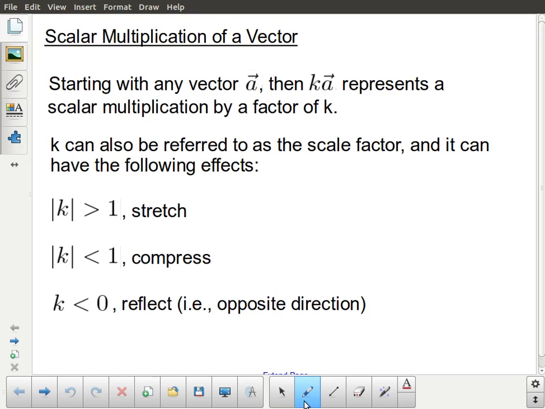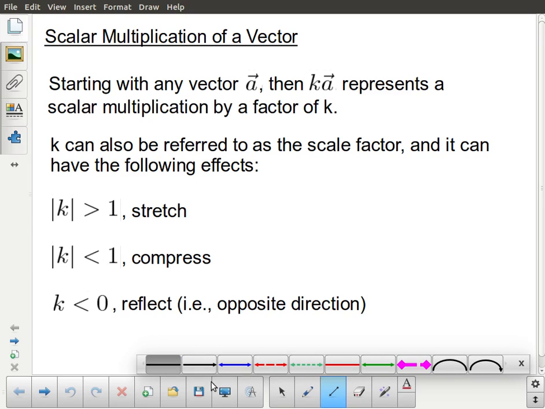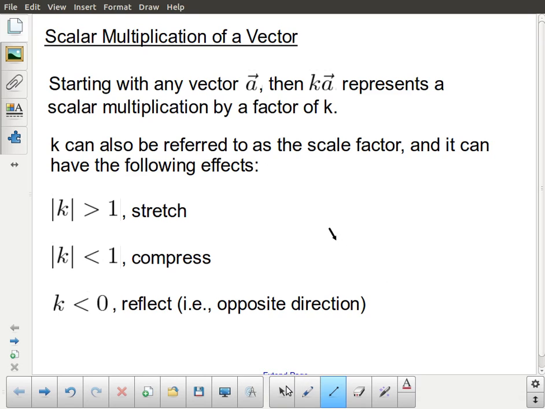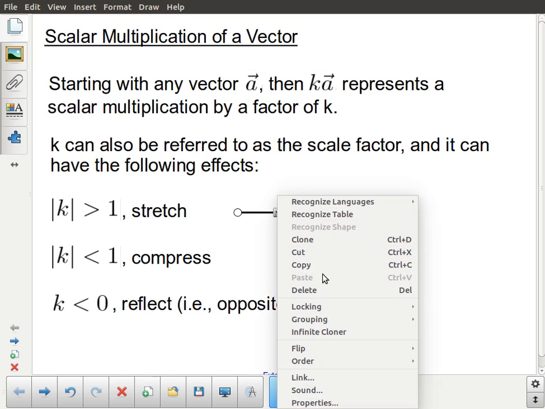So I can actually show you this kind of happening in real time. It sounds much fancier than it's actually going to be. So if I start off with the vector A, if my scale factor is bigger than 1, that means my original value for A is going to be stretched.